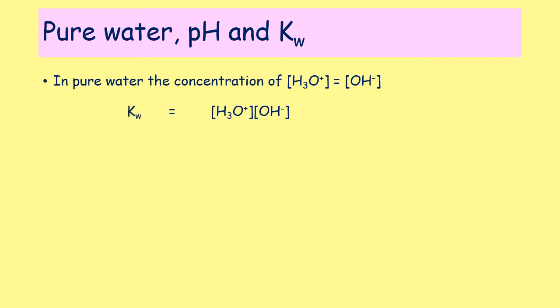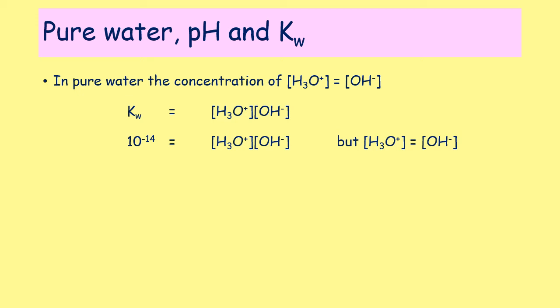So Kw, the ionic product, is equal to the concentration of H3O plus multiplied by the concentration of OH minus. We know that the ionic product of water at 298 Kelvin or 25 degrees C equals 10 to the power of minus 14. You could also write that as 1 times 10 to the power of minus 14.